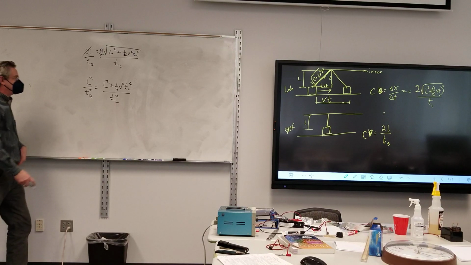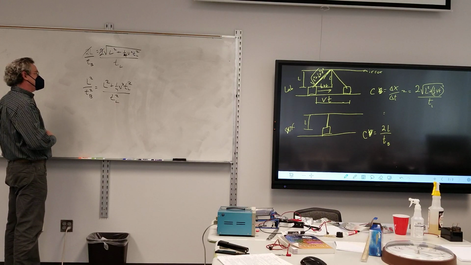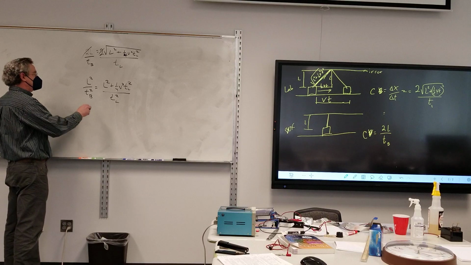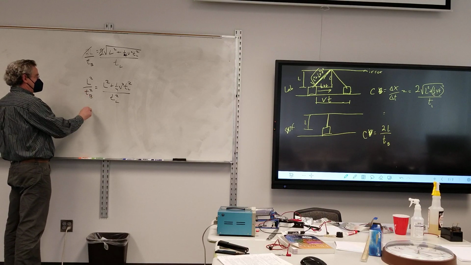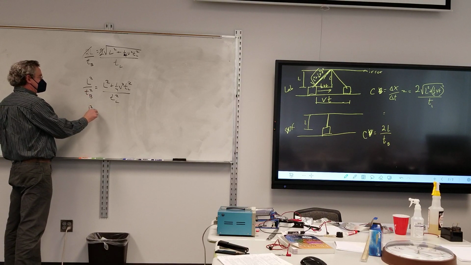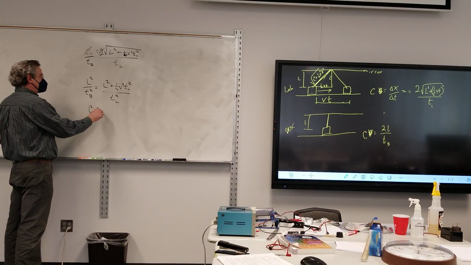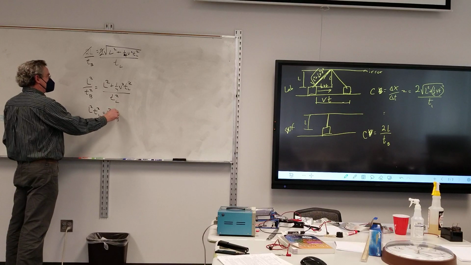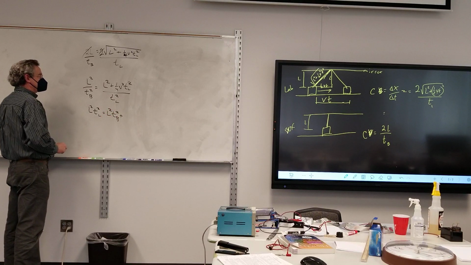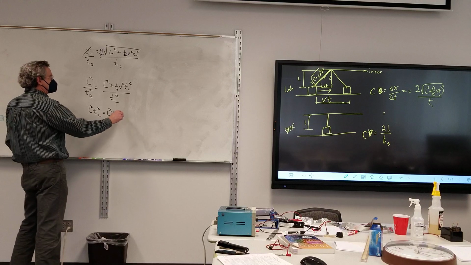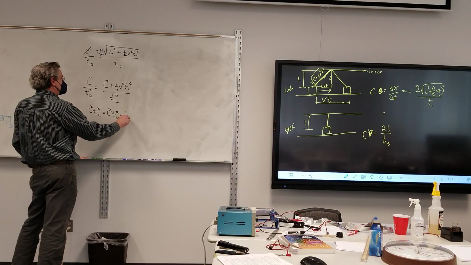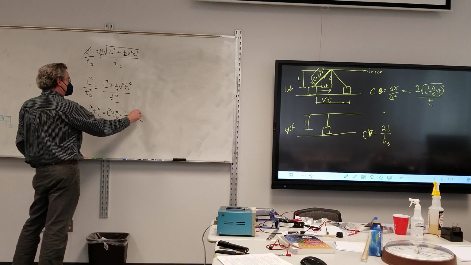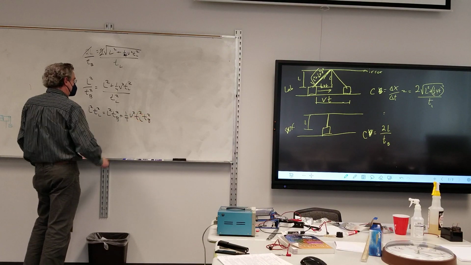Let's get rid of fractions by cross multiplying. Let's see, do I want to cross multiply yet? Not yet. I need to get the TLs together though. All right, so I will cross multiply. So I get L squared TL squared equals L squared TB squared plus 1/4 V squared TL squared TB squared.